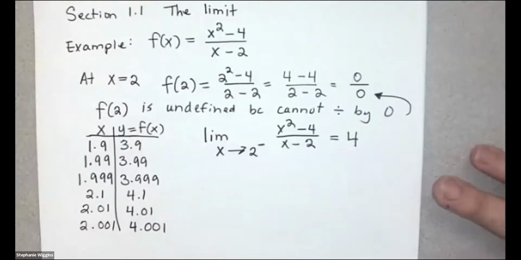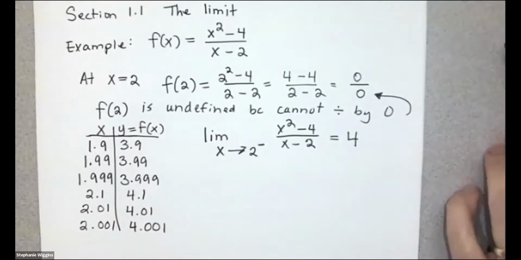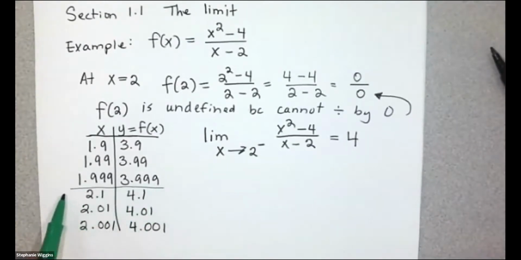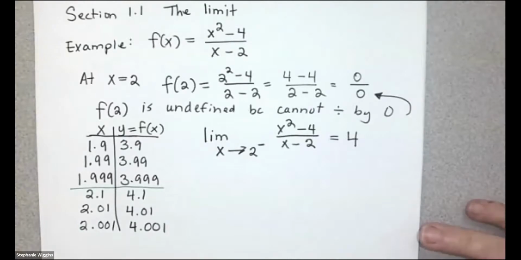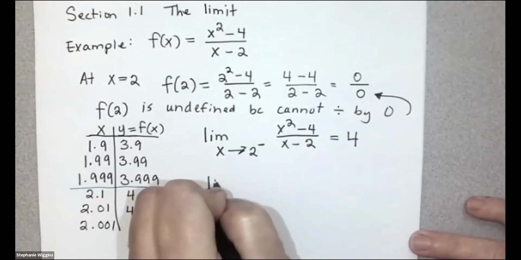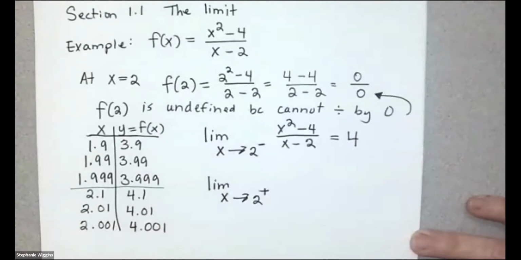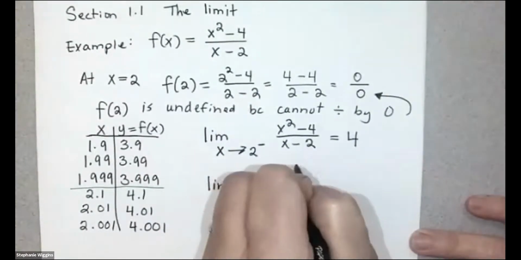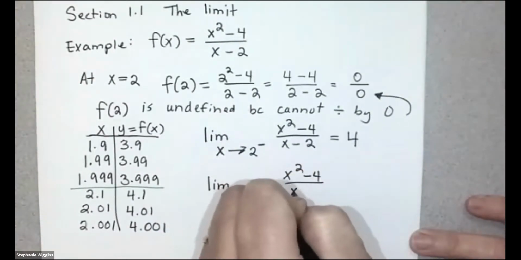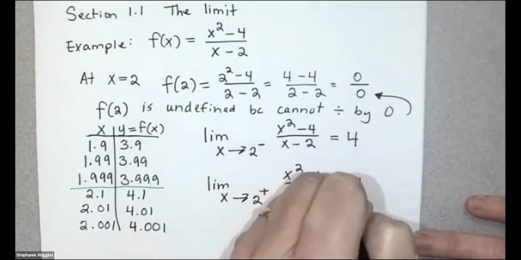Okay, same thing. The difference is if I'm looking at these values here, I'm on the positive side of 2. So I'm going to write that as the limit as x approaches 2 from the positive side of our function. That's also 4.